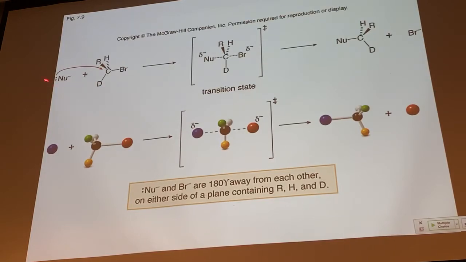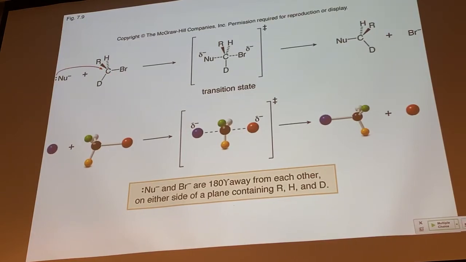As the nucleophile approaches 180 degrees opposite from where the bromine is, then the 3 groups that are pointing towards the nucleophile are going to start to move away from the nucleophile. We're going to start to form the new bond between the carbon and the nucleophile while simultaneously breaking the bond between the carbon and the bromine.